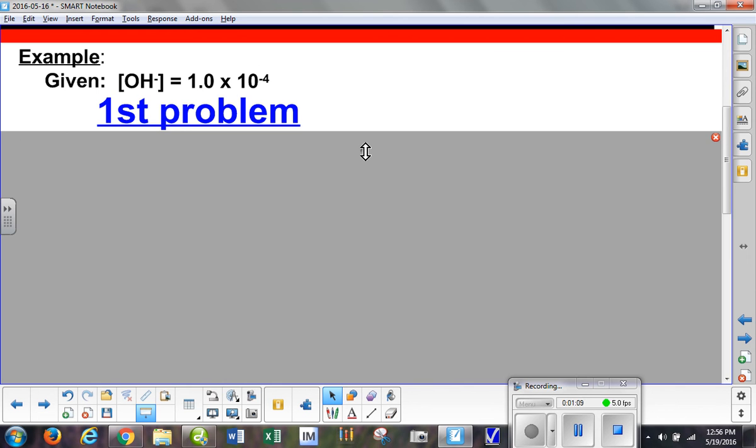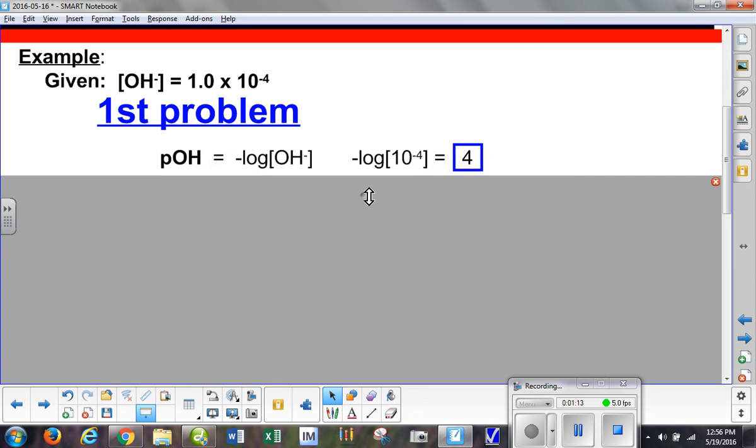There's actually 3 problems for each question. So the first problem is find the pOH. Now if this had been the hydrogen ion concentration, I'd have to find the pH, which we'll do in the second example. So we have an exponent of minus 4, and we'll see how important that is in just a moment.